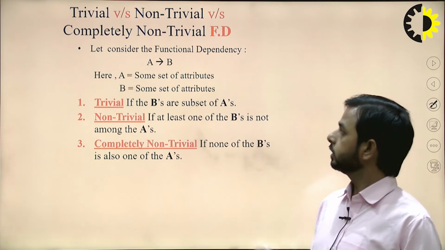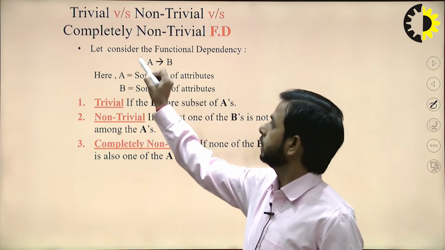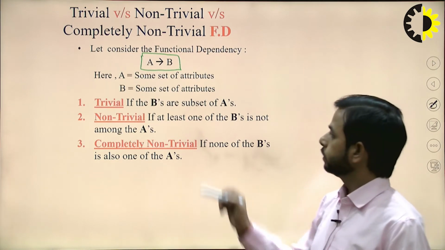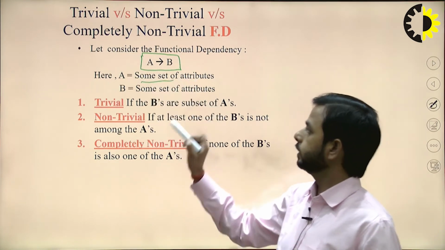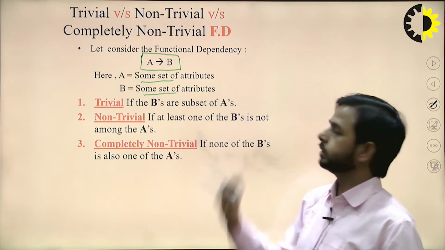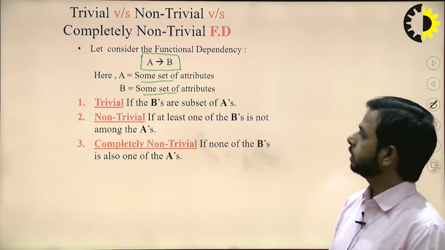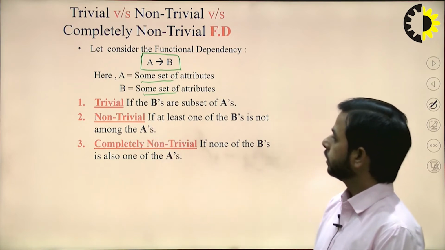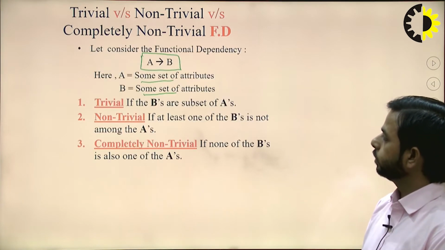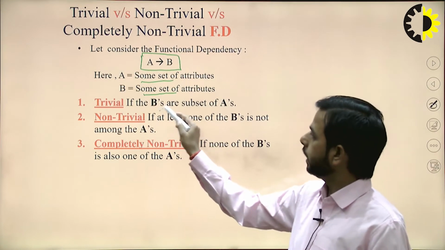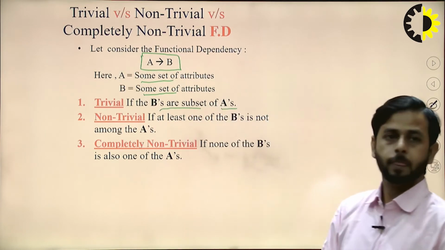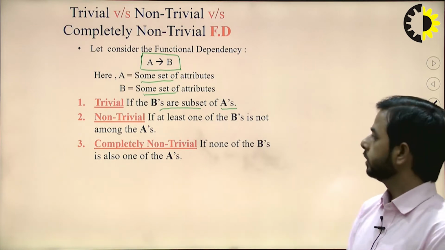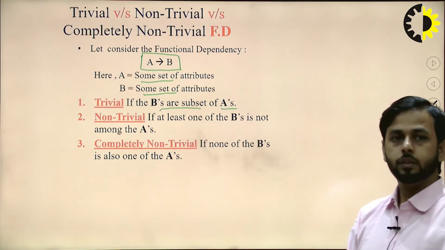So let's consider the functional dependency A determines the dependent B. A is some set of attributes, B also may be some set of attributes. So what is the meaning of trivial? If B is a subset of A, then it is known as trivial functional dependency.